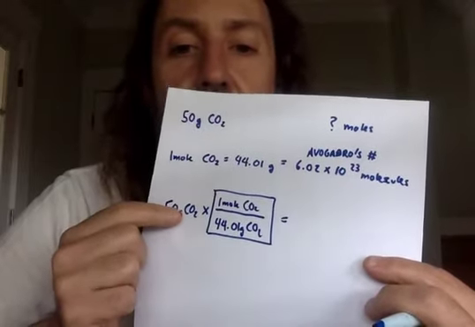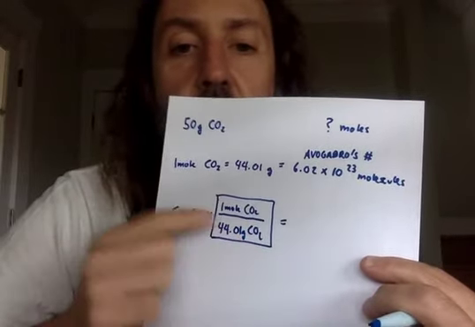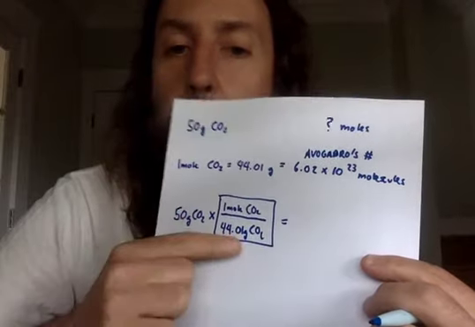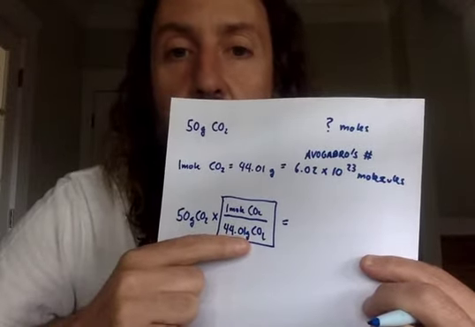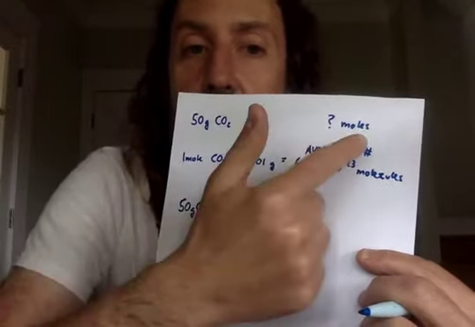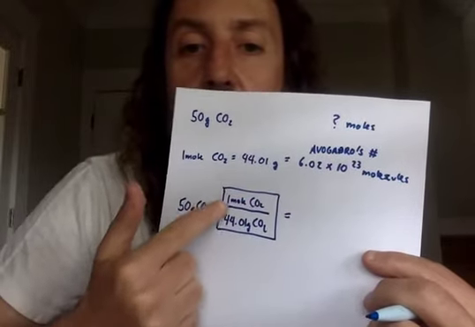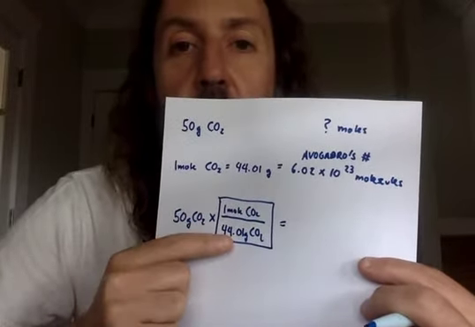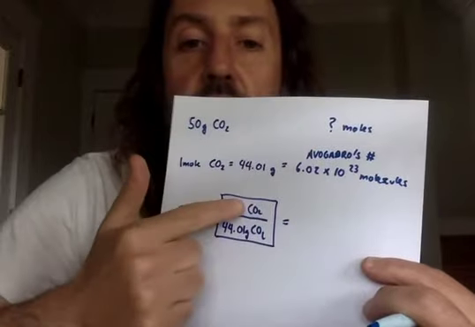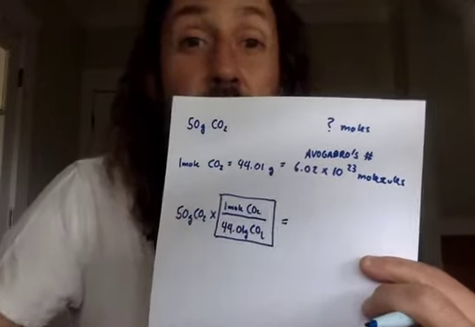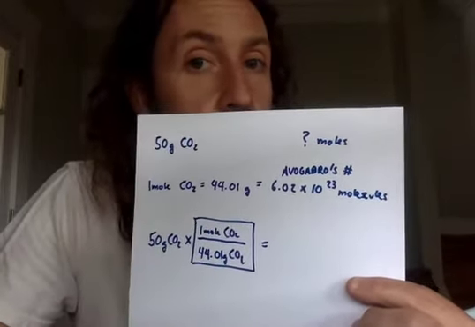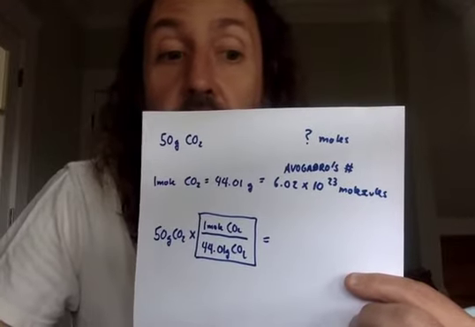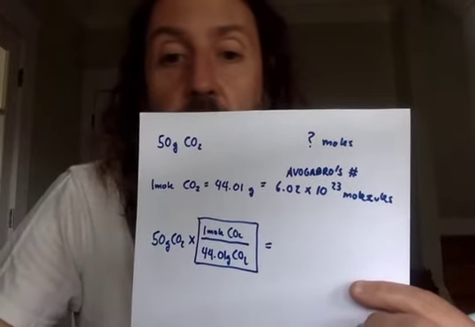And so if I start out with grams, grams will go on the bottom. Whatever you have here, boom, that goes on the bottom. Whatever I want, and I asked you that right up here, goes on top. So what you have goes on the bottom of the ratio, what you want goes on top. We don't use molecules because we aren't talking about molecules. Could I switch it into molecules? Sure I could. But since the problem asks for moles, I'm going to go ahead and do that right now.